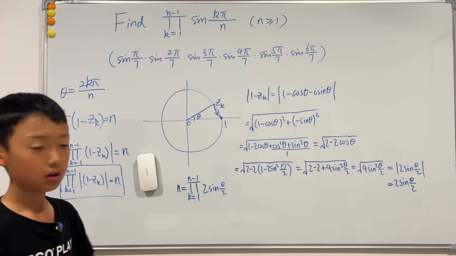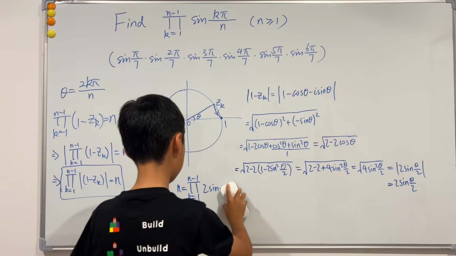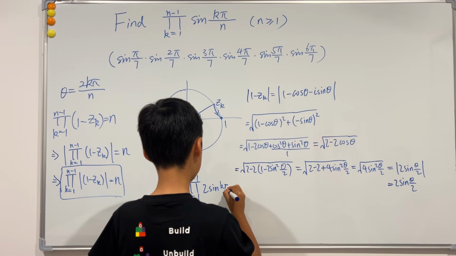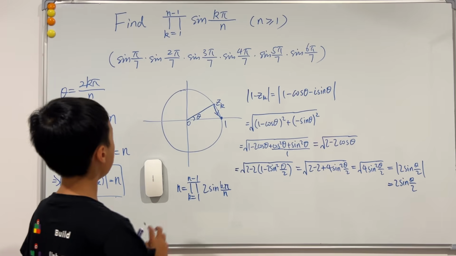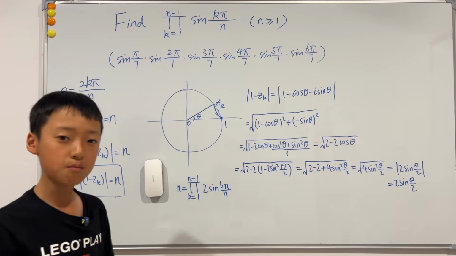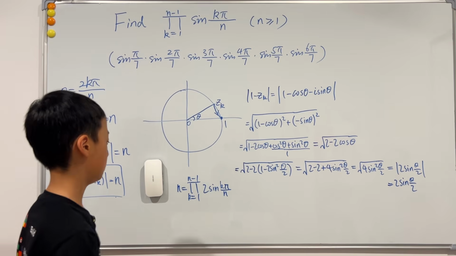So we know that theta over 2 is, of course, just k pi over n. So I will replace that. And now, to find that, we just have to divide the 2. But how many 2's do we have to divide? Well, n minus 1 2's.